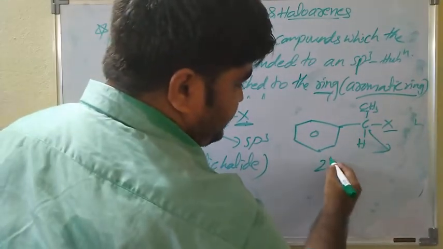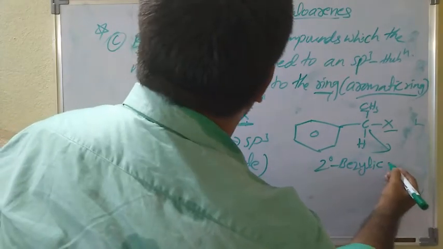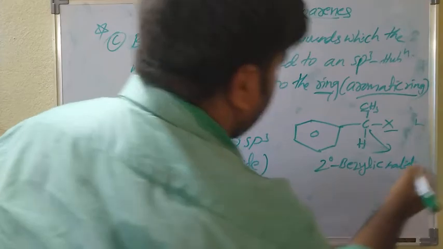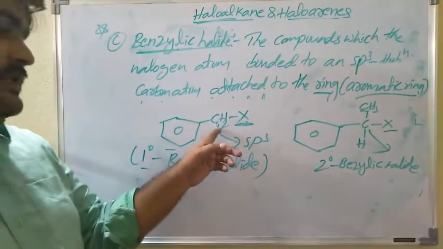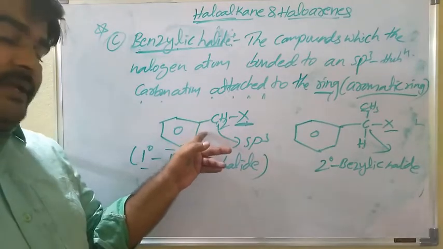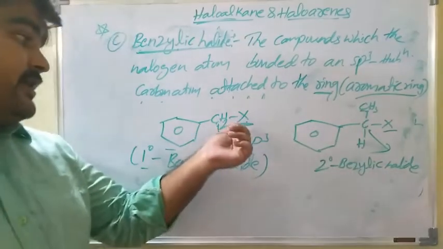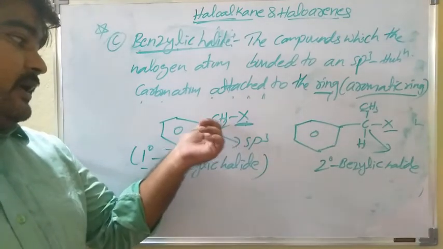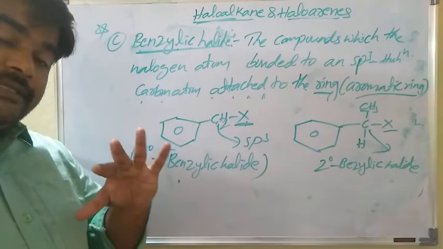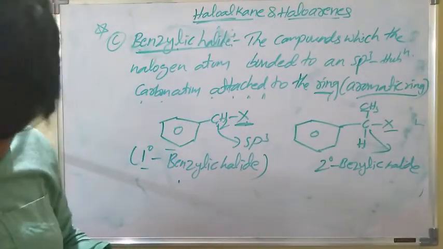That's why it is secondary benzylic halide. Is it clear? Halogen atom, sp3 carbon atom, immediately next to an aromatic ring, that is called benzylic halide. In this benzylic halide class there are primary and secondary benzylic halides. Benzylic means a benzene ring is present.